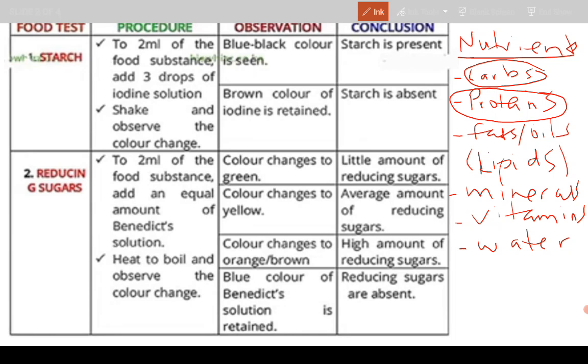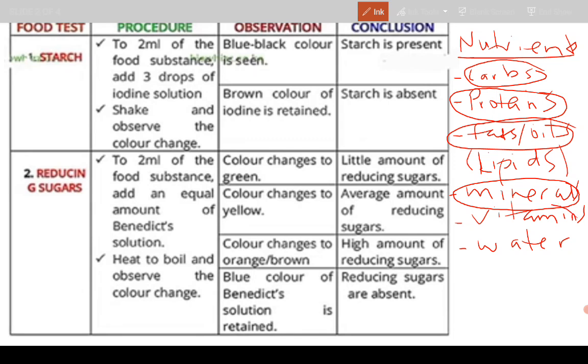Fats and oils, which are called lipids, together are essential for providing a large amount of energy, more than carbohydrates, but they also provide us with warmth, apart from providing protective functions to some organs of the body. Minerals are essential for different body functions, providing electrolytes to the muscles for contraction and relaxation.